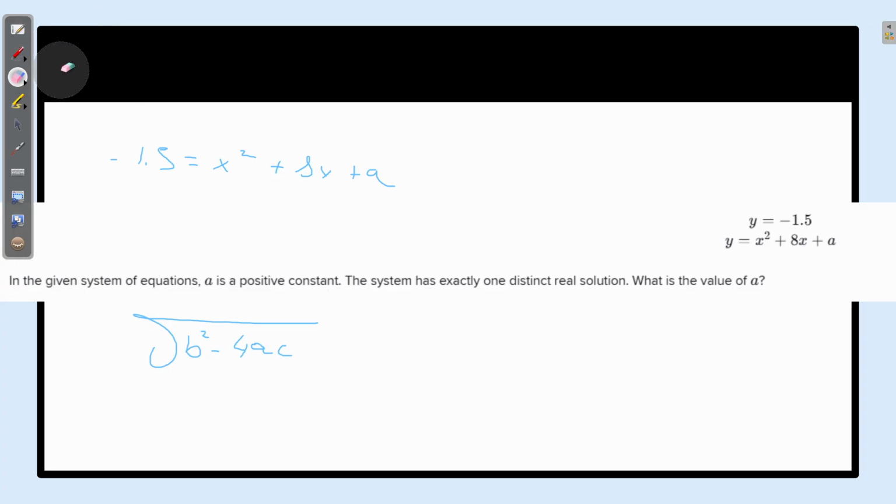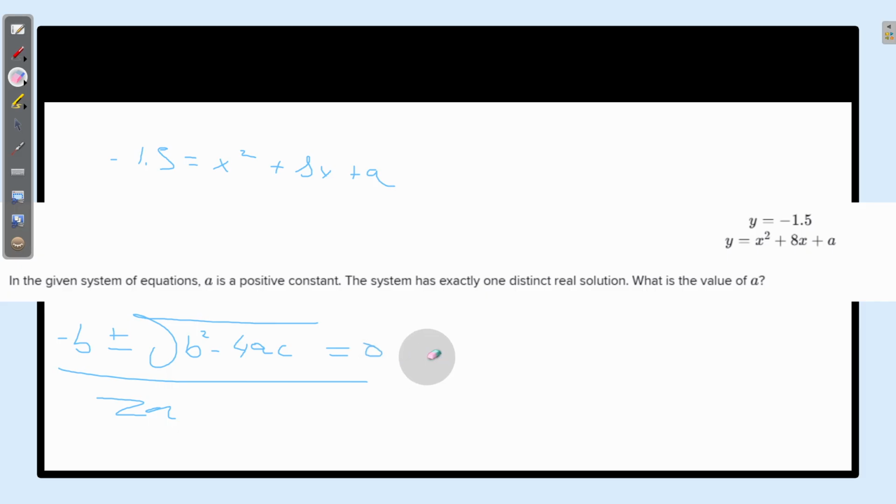The reason is that you have negative b over 2a, plus or minus the square root of this. If this is 0, then you just have negative b plus or minus 0 over 2a, so it's just negative b over 2a. And if it's less than 0, then you get a negative in the square root, and we can't have that.